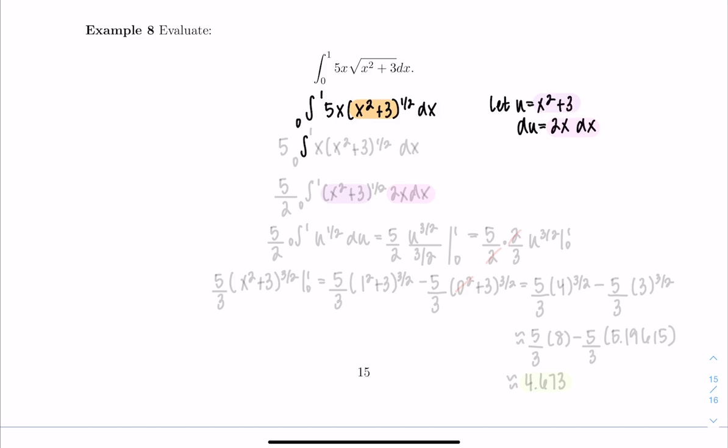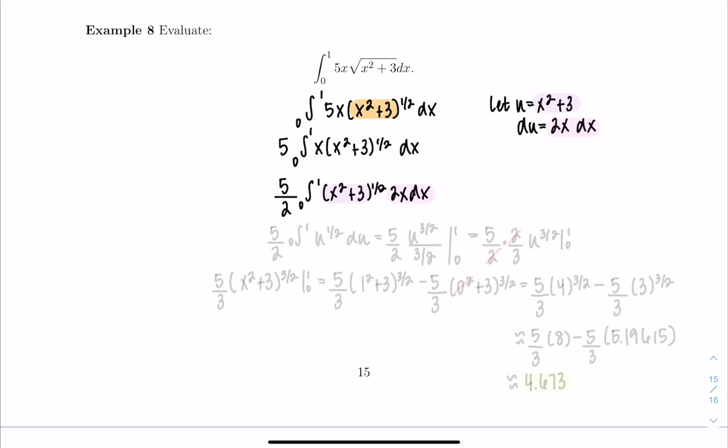And so what we can end up doing is we can pull that 5 out front, and then we can put a 1/2 to offset the 2 we're going to put inside. And so 5 times 1/2 just gives me 5/2. We have x squared plus 3 to the 1/2, and then we're going to put 2x dx.